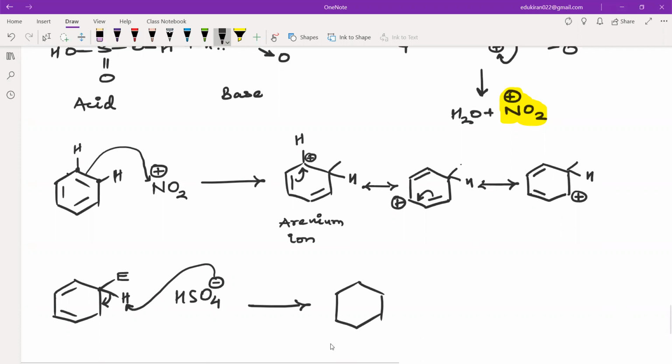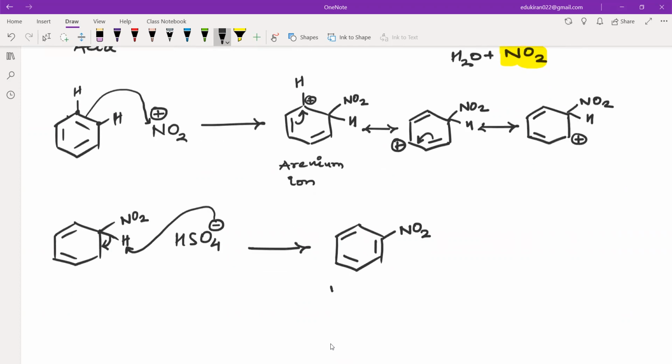Electrophile, that is NO2 only. I represented that by E is NO2. The NO2 is attached on the benzene ring, so you get a nitrobenzene.